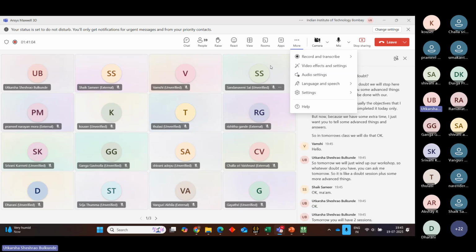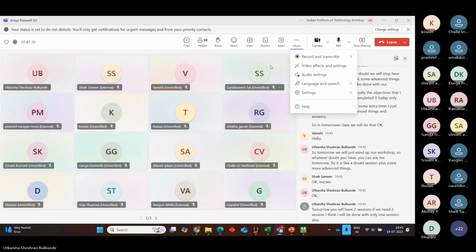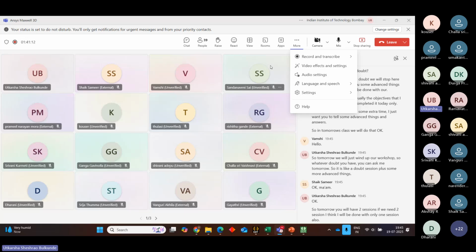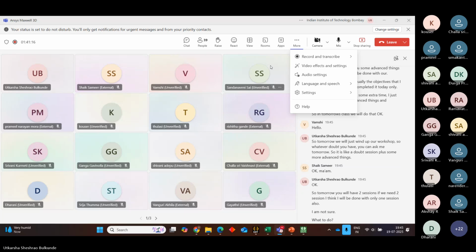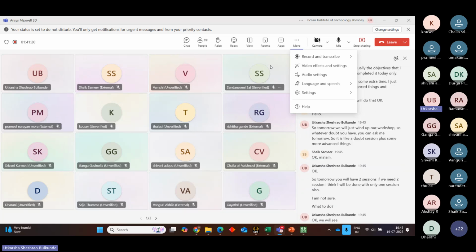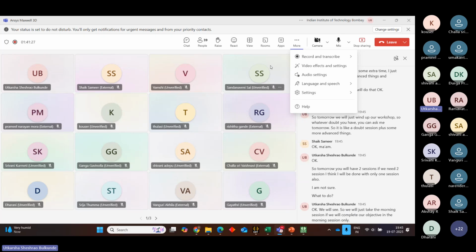If we need 2 sessions, I think I'll be done with only 1 session also. I'm not sure what to do. Okay, we will see. We will just take the morning session. If we complete our objective in the morning session only, I'll not take the evening session. Okay?